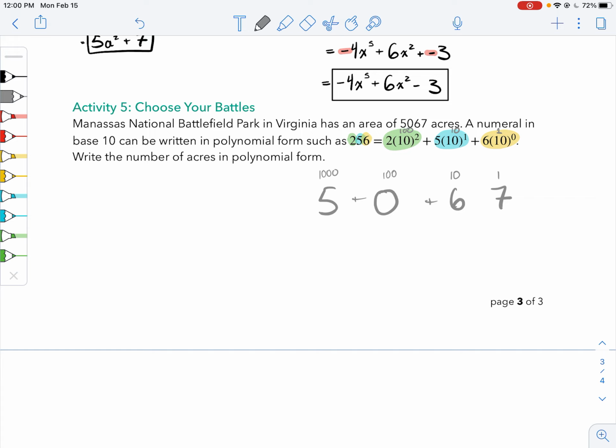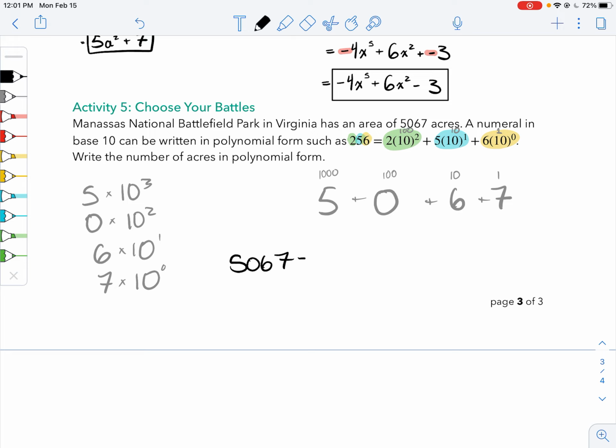And we add them all together, which gives us 5 times 1,000, which is 10 cubed, plus 0 times 100, which is 10 squared, plus 6 times 10 to the 1st power, plus 7 times 10 to the 0th power. So 5,067 is equal to 5 times 10 cubed plus 0 times 10 squared plus 6 tens plus 7 times 10 to the 0th power, 7 ones.